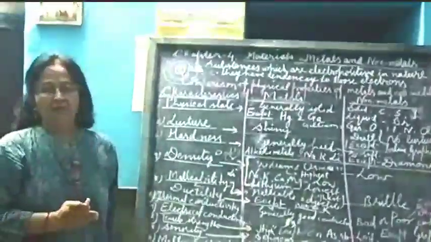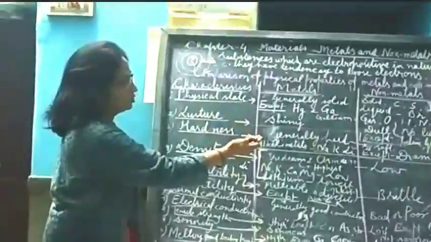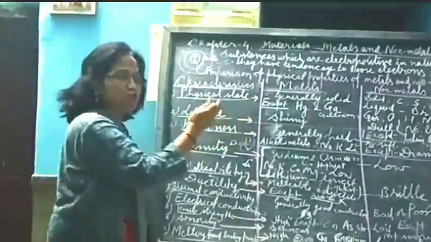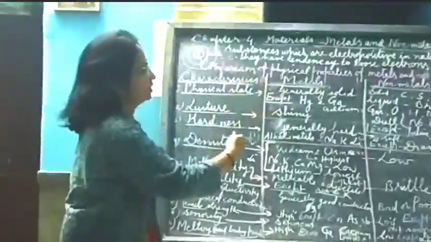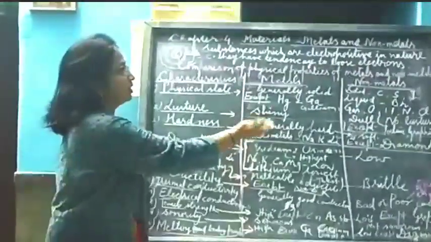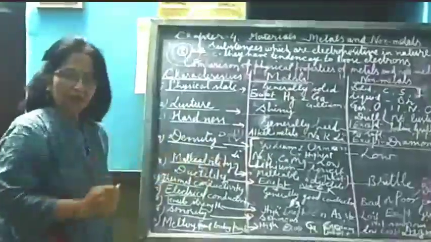In simple words, metals lose electrons and have valency 1, 2, 3, whereas non-metals gain electrons and are electronegative in nature.